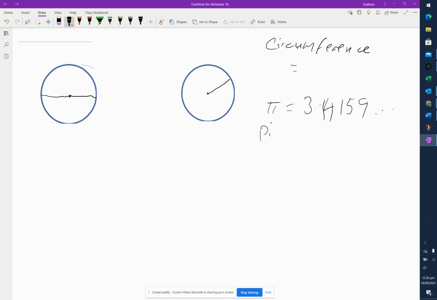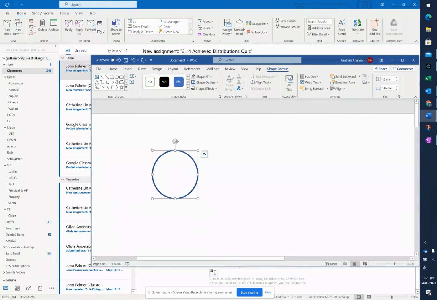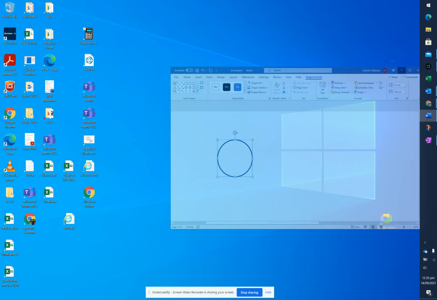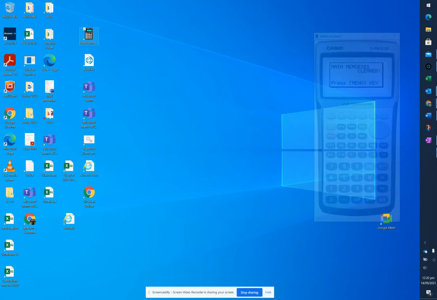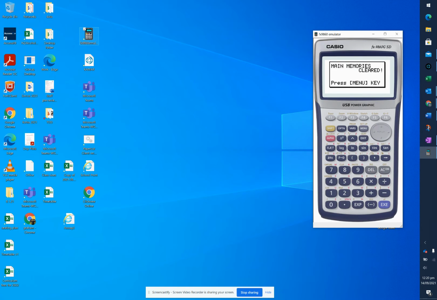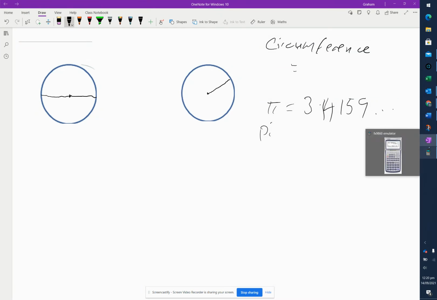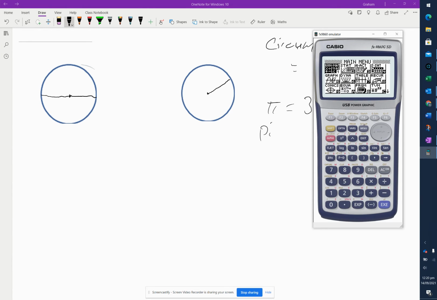Now you have hopefully got a calculator. I've got the fancy version of the calculator, but on here I have a button called Shift Pi, and it gives me that number.